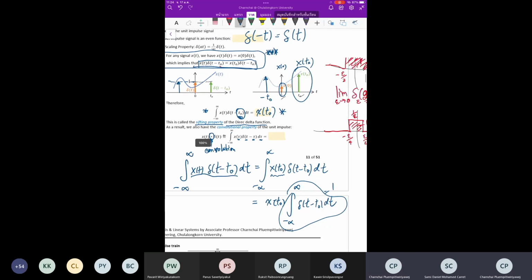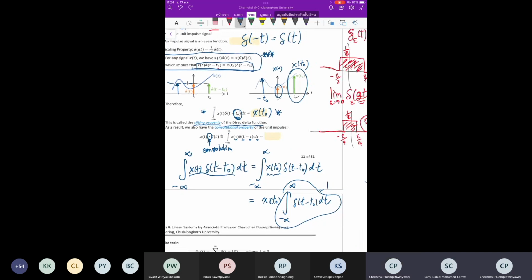Does it look like this? Not yet, right? t becomes t naught and tau becomes t, not quite.